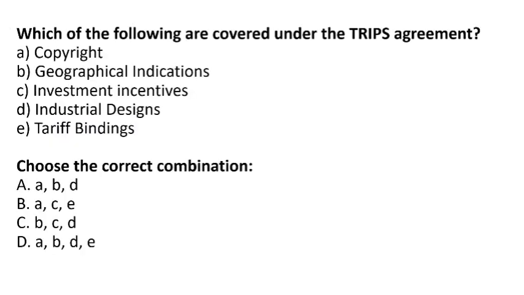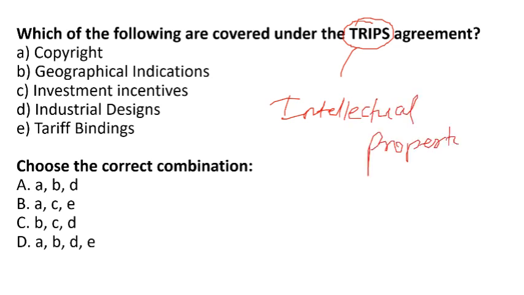Which of the following are covered under the TRIPS agreement? TRIPS is basically related to intellectual property protection, correct? These are the options, and some are not covered under TRIPS. You need to eliminate those and answer which are covered. So copyright, GI tag, investment incentives, industrial design, tariff binding.